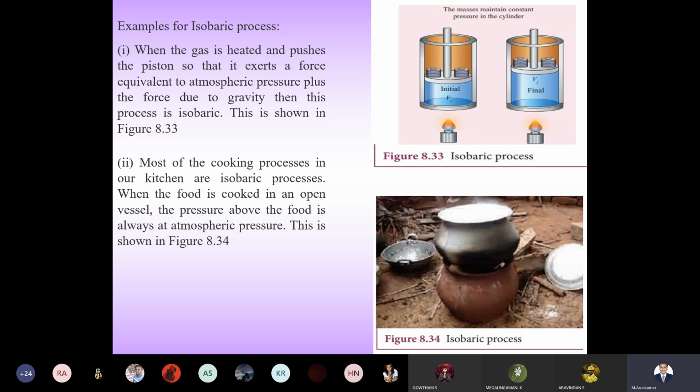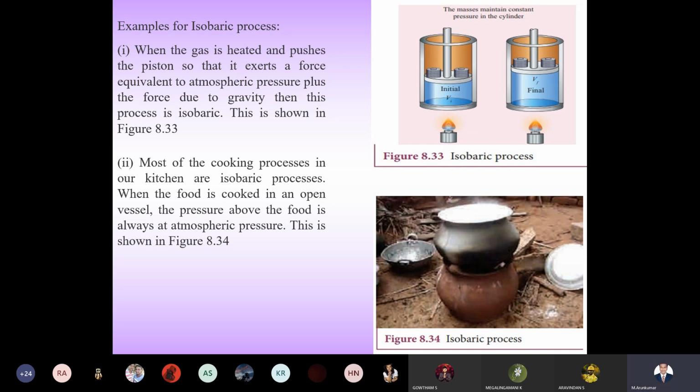The masses maintain constant pressure in the cylinder. So these masses are provided to keep the system at constant pressure. If you adjust these masses, then we can keep the system at constant pressure.